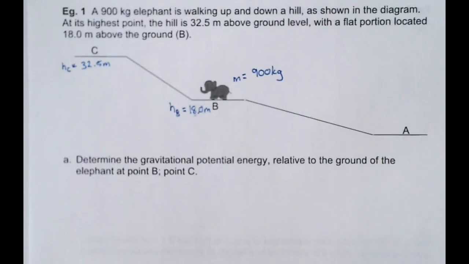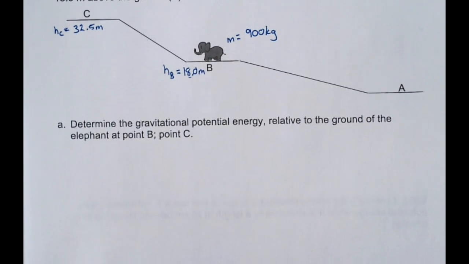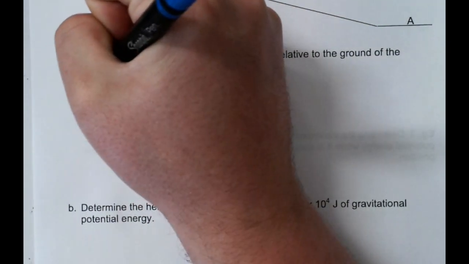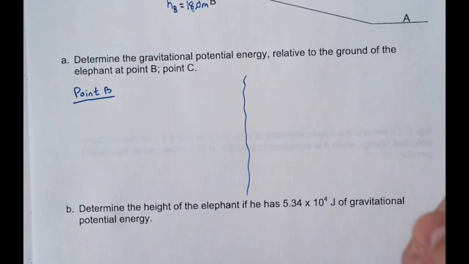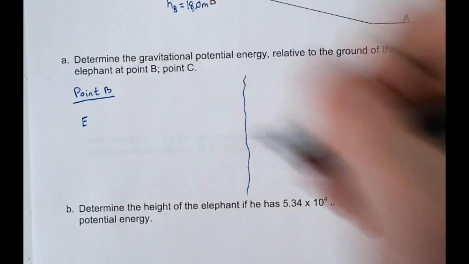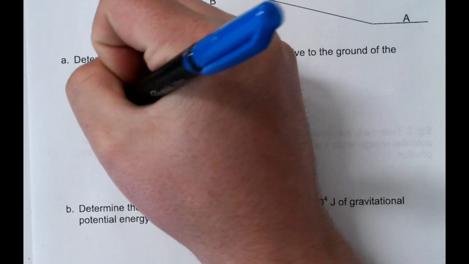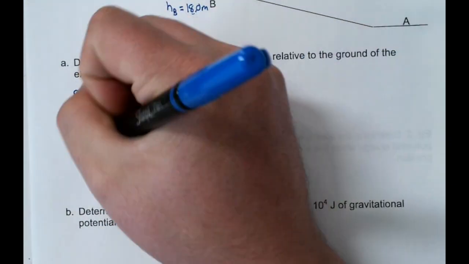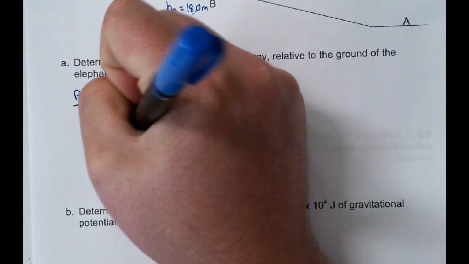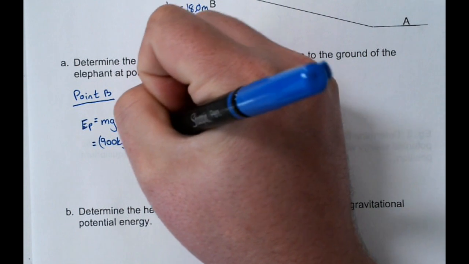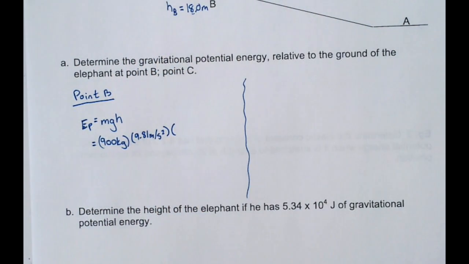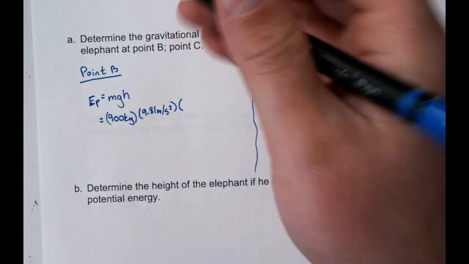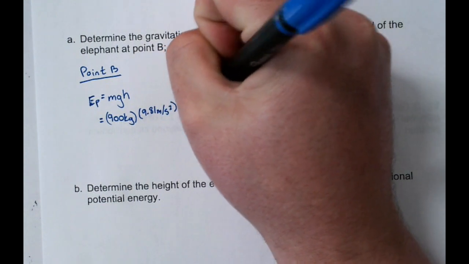Our first question wants us to determine the gravitational potential energy relative to the ground if the elephant is at point B and point C. Let's first split this up and look just at point B. Our formula for potential energy is potential energy equals mgh. The mass of the elephant doesn't change, it's always 900 kilograms, times our acceleration due to gravity, 9.81 meters per second squared, times our height at point B, which is 18.0 meters.